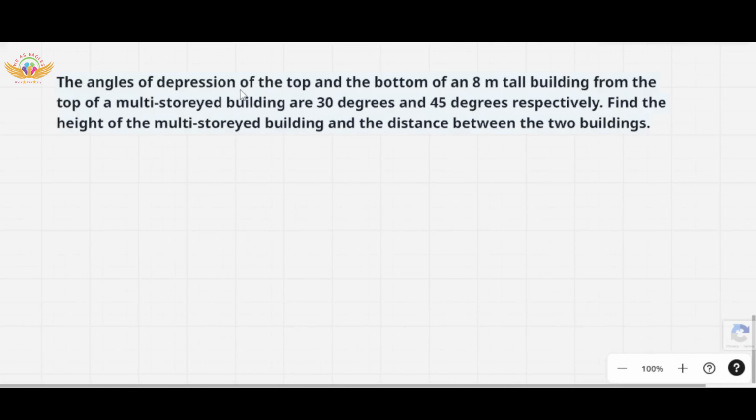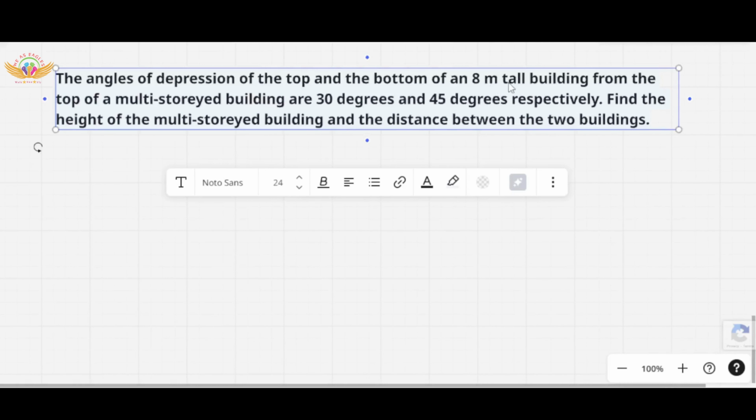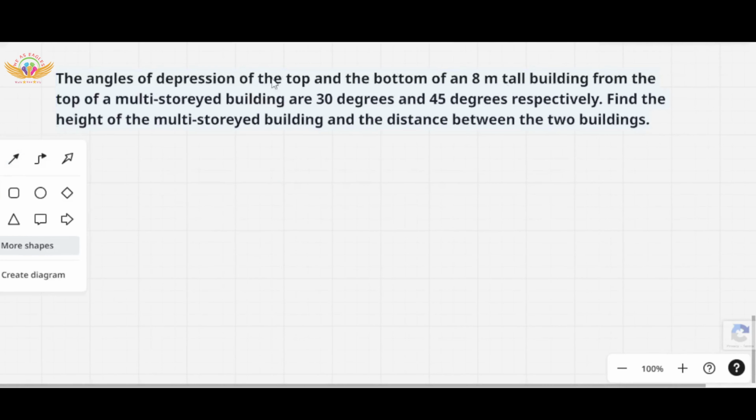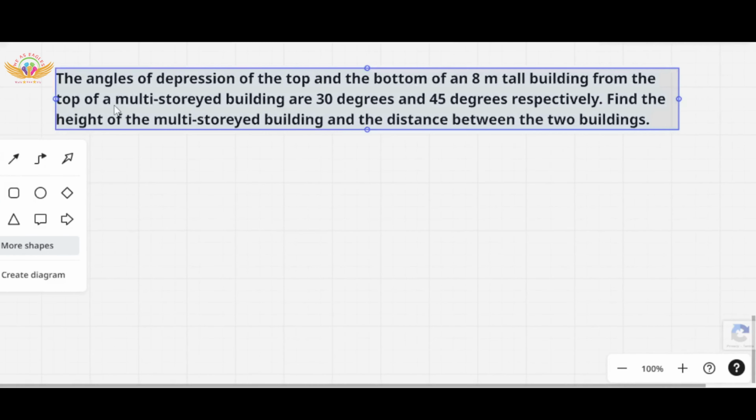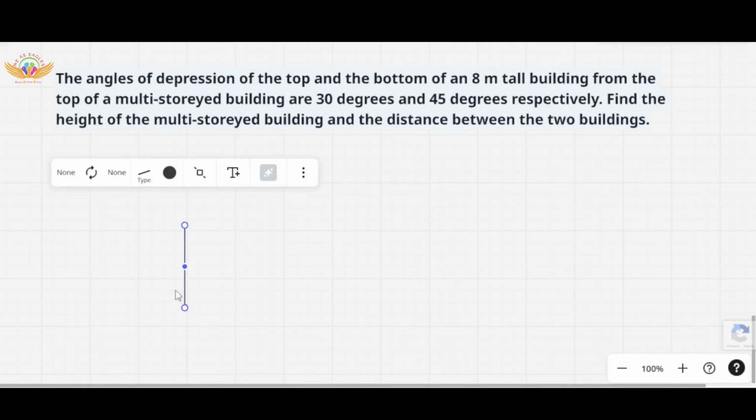The angles of depression of the top and bottom of an 8-meter tall building. Okay. They have given an 8-meter tall building. From the top of a multi-storied building. So there are two buildings. First of all, let us draw an 8-meter tall building first. So this is my 8-meter tall building, AB.